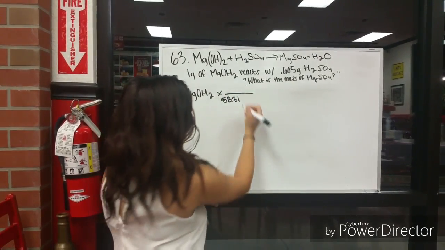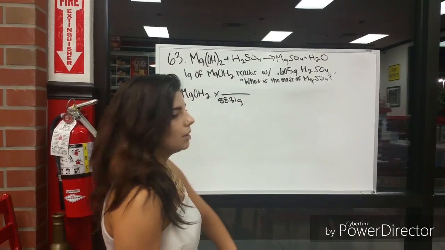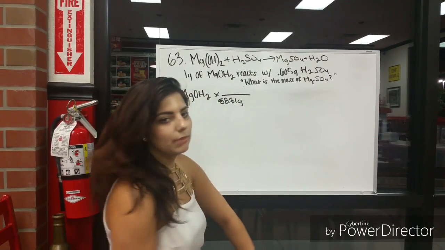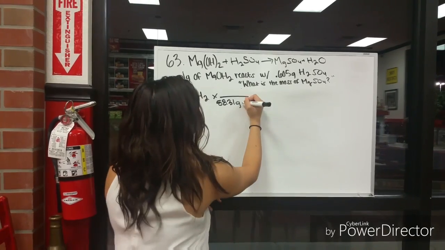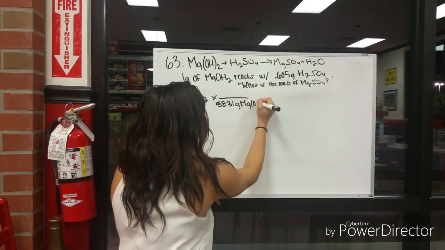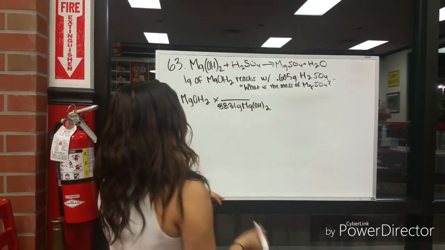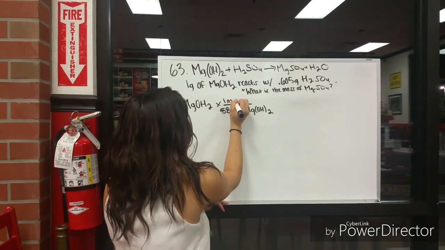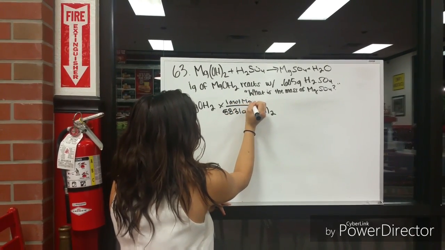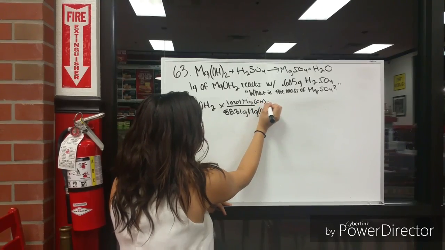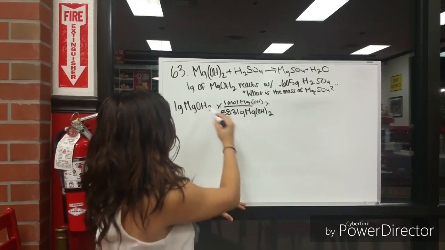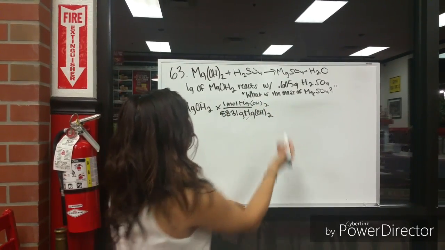and that's going to be in grams because it's the molar mass, so it's the weight, and it's going to be Mg(OH)2. And on the top we're going to have 1 mole of Mg(OH)2. And so these two are going to cancel each other out.